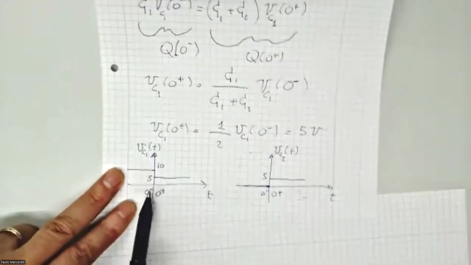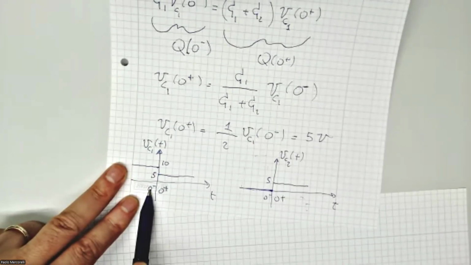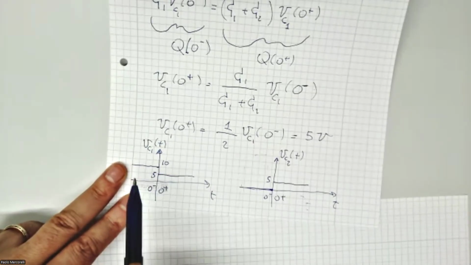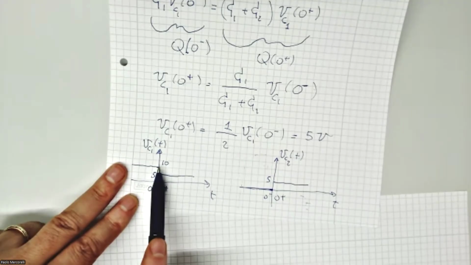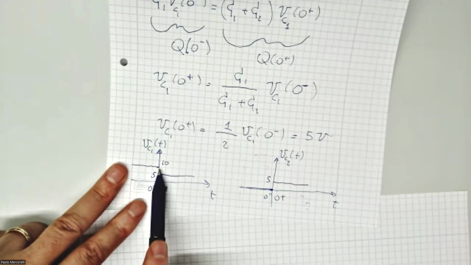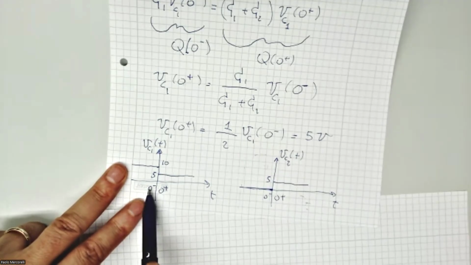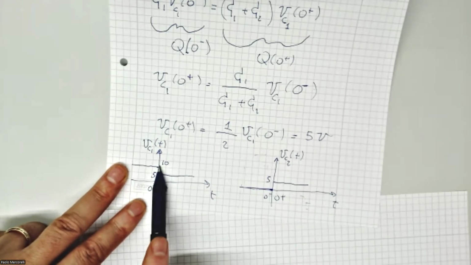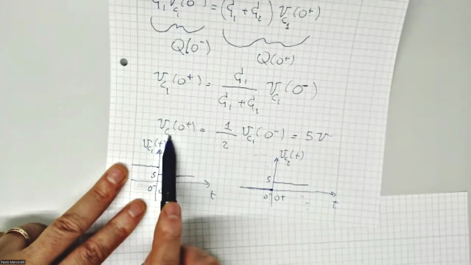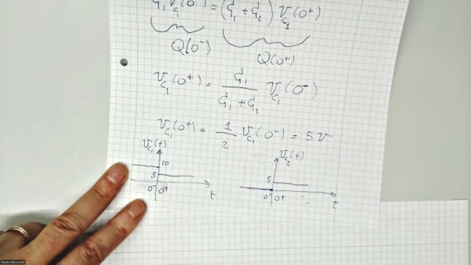And then, please pay attention: between 0 minus and 0 plus, we have a function which is not continuous, because at time 0 we change from 10 to 5, in accordance with what I calculated here.